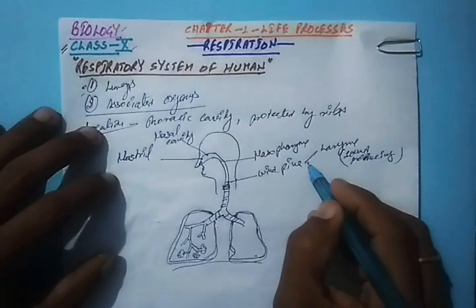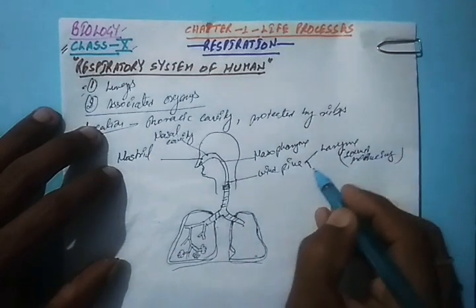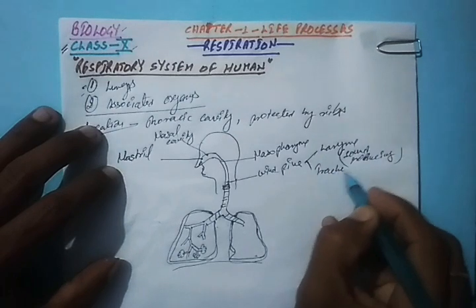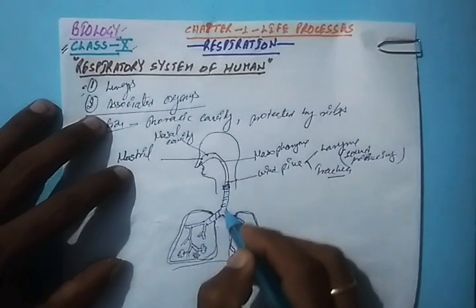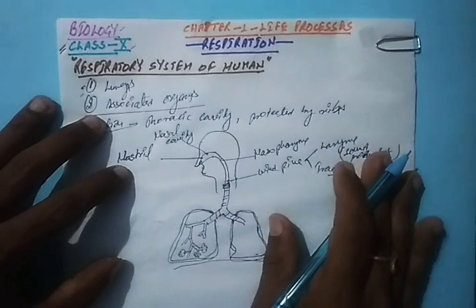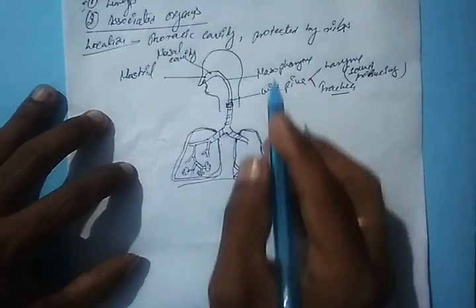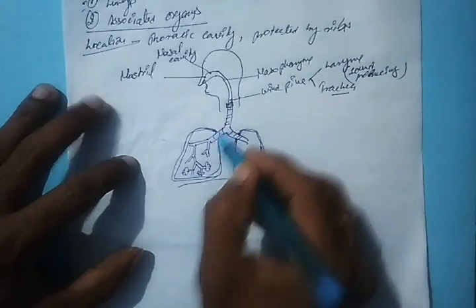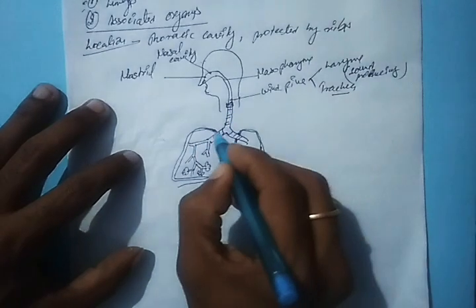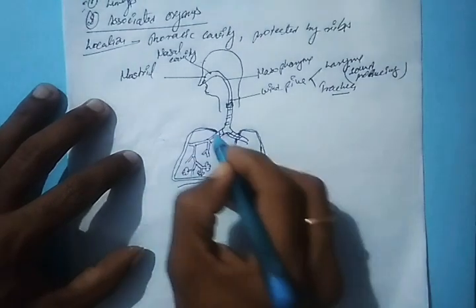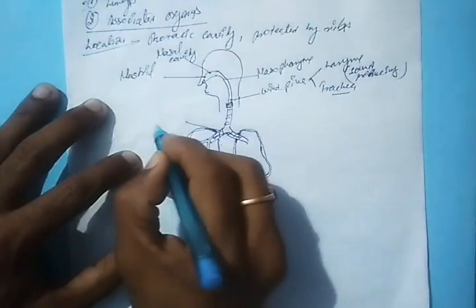The next part below the larynx is called the trachea. The trachea divides into two parts, goes into the thoracic cavity and enters the right and left lung. Here it is called bronchus.